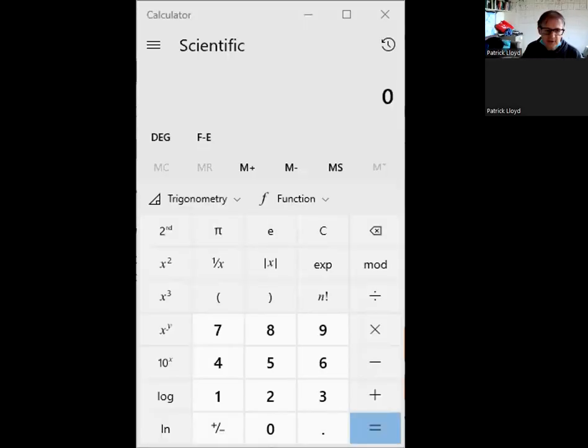Okay, so what I'm going to do is go ahead and bring up the calculator so you can see it here. Okay, so here's your little calculator. This is from Microsoft Windows. So we want to put in the K value. So 1.38065 times 10, so that's this EXP button, to the minus 23.